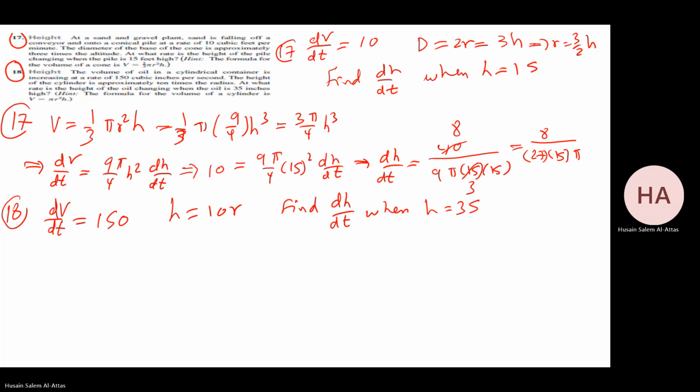Okay. H equals 10R. I want to write R in terms of h, so R is h over 10. The volume of the cylinder is pi R squared h. He gave it to us actually. And that will be pi times h squared over 100 times h, which is pi over 100 h cubed.